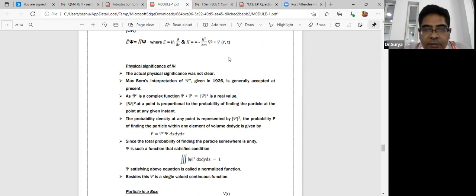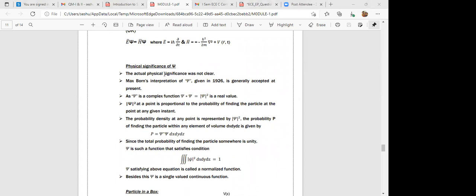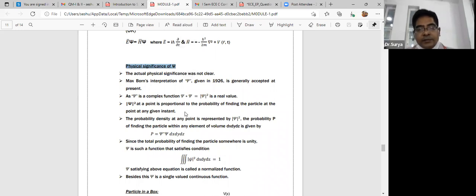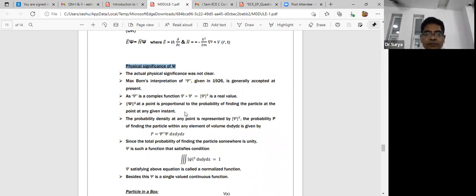I am sharing the notes also. Is it visible on the screen? So see here, the physical significance of psi. The actual meaning of psi is not clear. The Max Born interpretation of psi was given in 1926 and is generally accepted at present. As psi is a complex function, psi times psi star is a real value. Mod psi square at a point is proportional to the probability of finding the particle at that point at any given instant. The probability density at any point is represented by mod psi square.